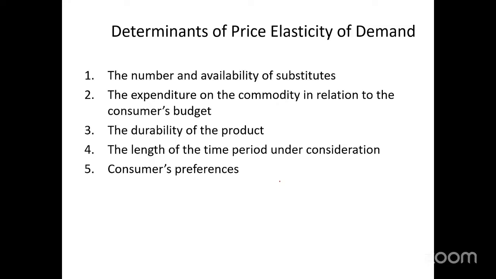Now, it is also very important to understand what the determinants of price elasticity are. So in the exam, I'm not going to ask directly. One of the determinants is the number of substitutes for your product, such as bread, cake, and substitutes. Another one is the percentage of expenditure relative to your budget.